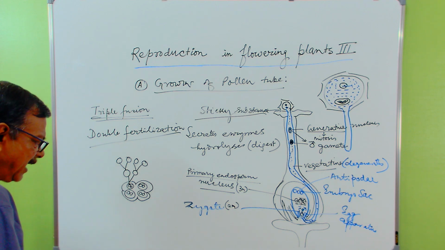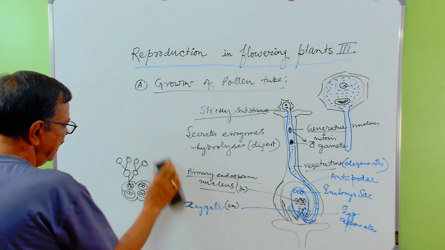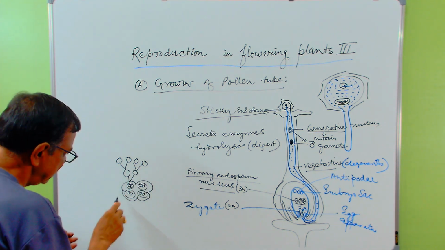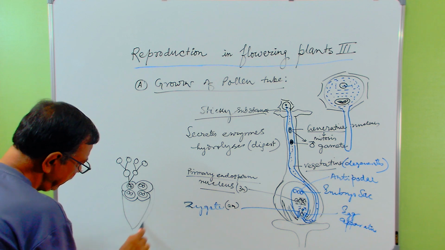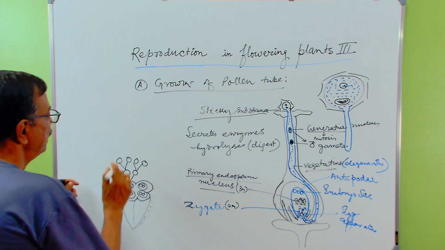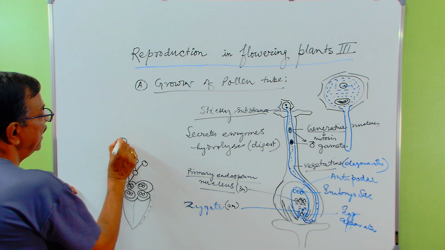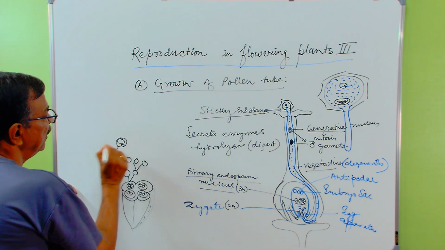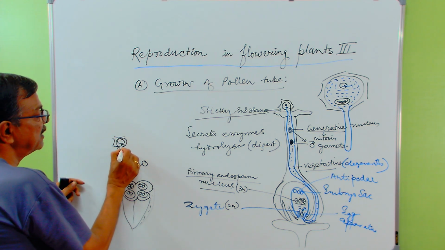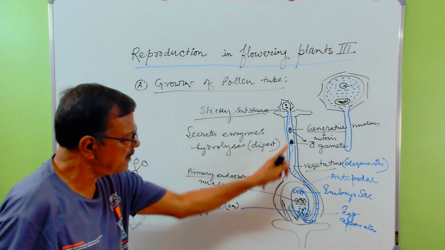Out of these 4, we have taken 1: one generative nucleus and one small vegetative nucleus are produced, and this forms an outer exine and inner intine. These are called microspores.